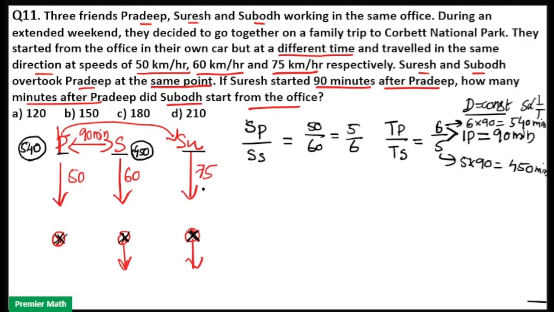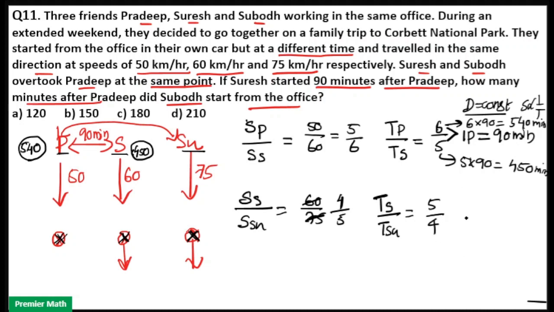So I will take the second ratio, that is speed of Suresh divided by speed of Subodh is equal to 60 by 75. So the ratio will become 15 into 4 is equal to 60, 15 into 5 is equal to 75. So that means time of Suresh divided by time of Subodh is equal to the reverse of the speed ratio, that is 5 by 4, because distance is constant.